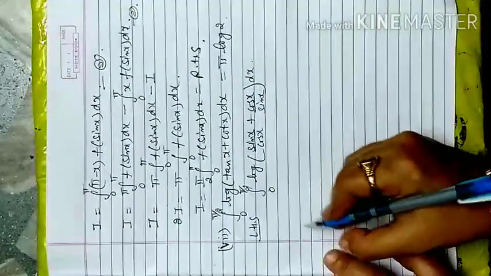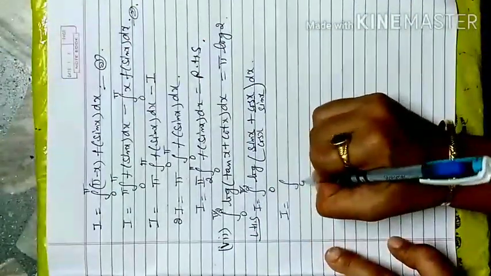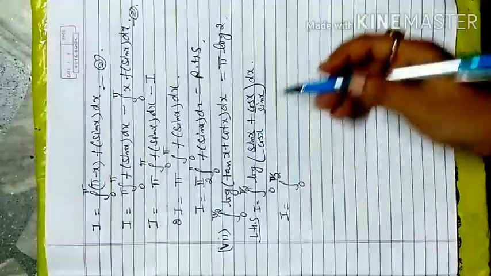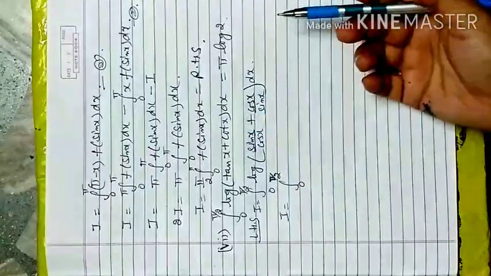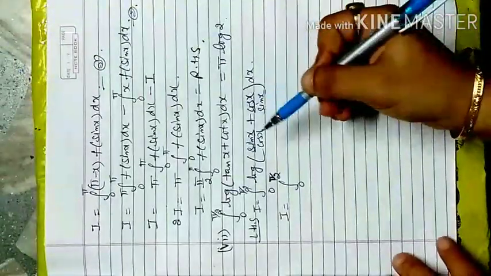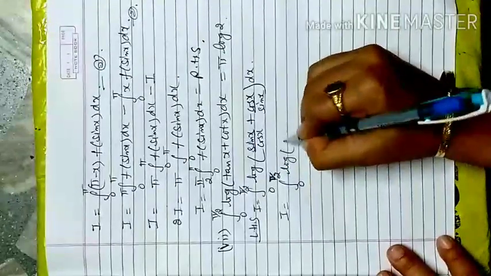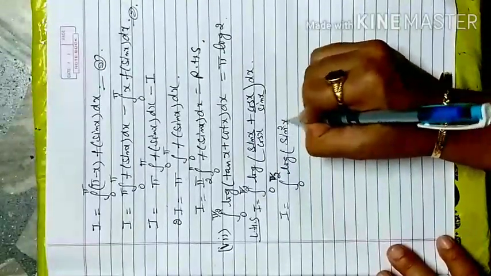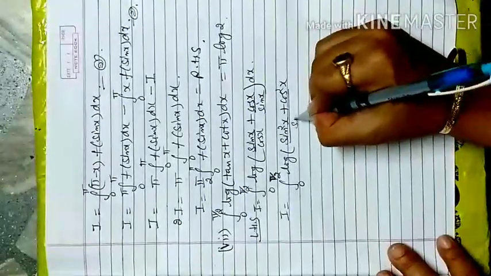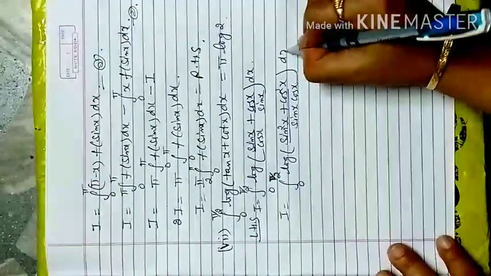Now when you take the LCM of this one, this will be I equals integral 0 to pi by 2, because if you apply the pi by 2 minus x property here, the condition will be the same again. So instead of this we will open tan x and cot x, which gives log of sin square x plus cos square x, if I take the LCM, and the denominator is sin x cos x dx.